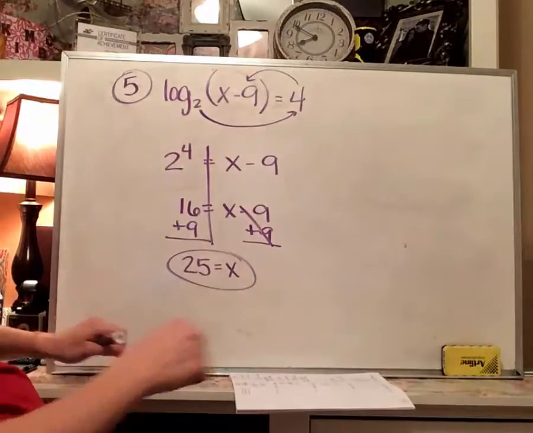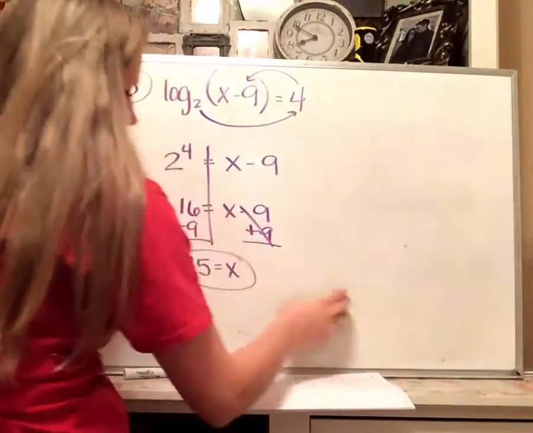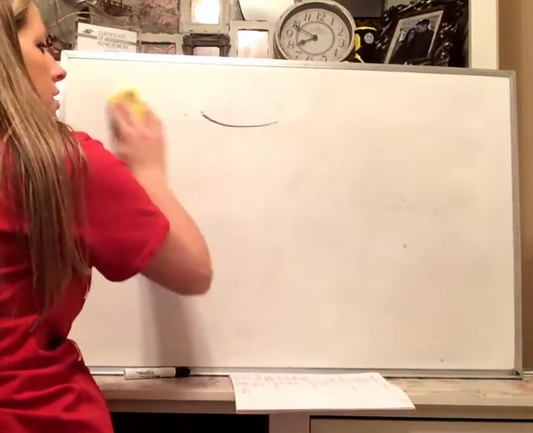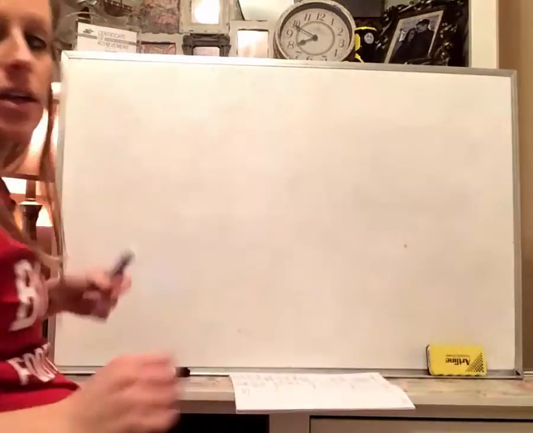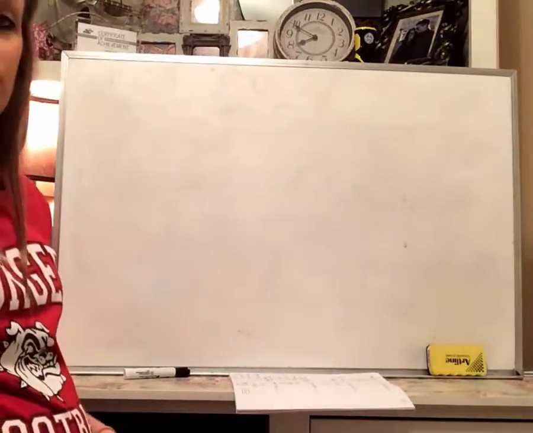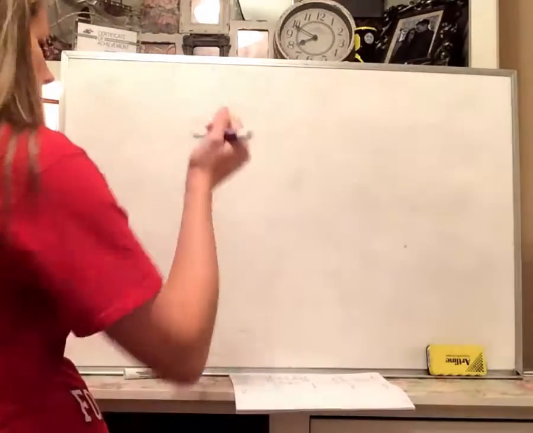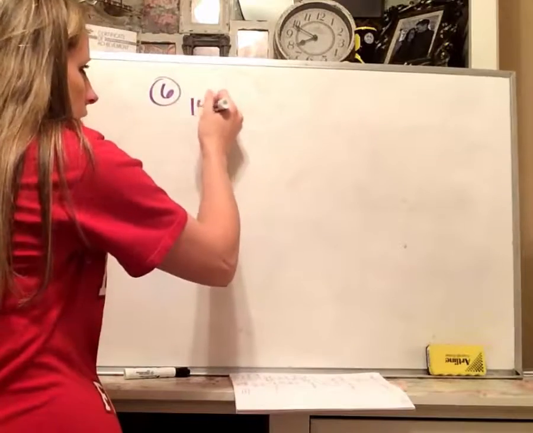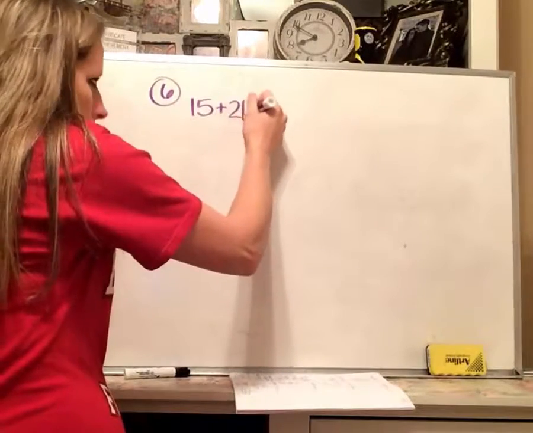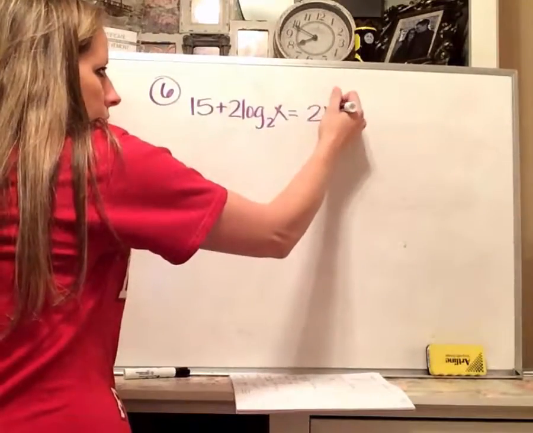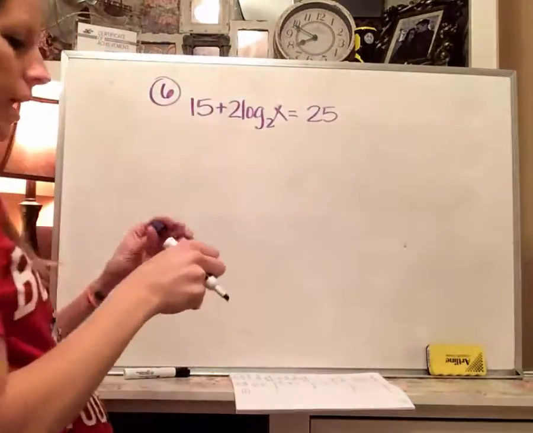Okay, now let's try number 6. Okay, at the beginning of these notes, I told you guys how there are some tips, some tricks that'll help make this a little easier. So let's look at number 6. We have 15 plus 2 log base 2 of x equals 25. Okay.